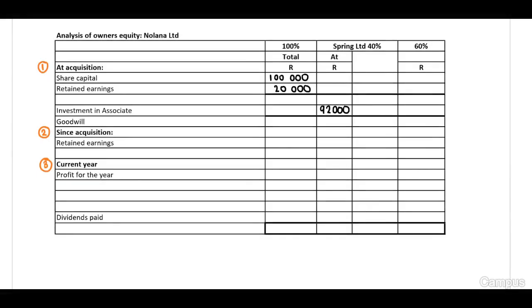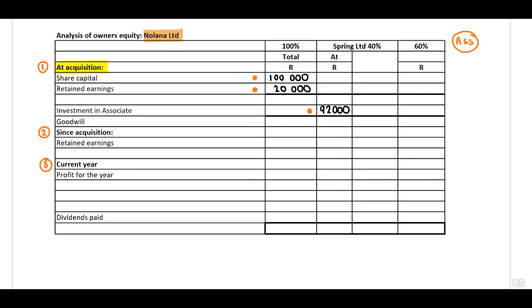Remember, Nolana is an associate. Therefore, we need to equity account our associate. I have transferred our share capital, 100,000, our retained earnings, 20,000, and our investment, the 92,000, the cost. Now, guys, you still have to do the at acquisition section of an associate. Why?